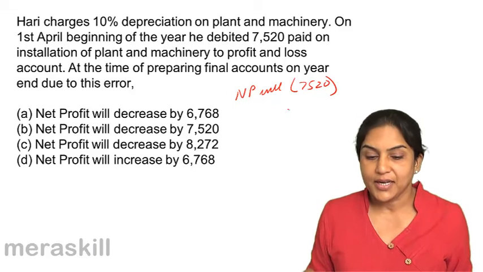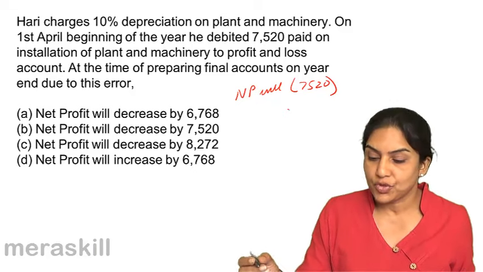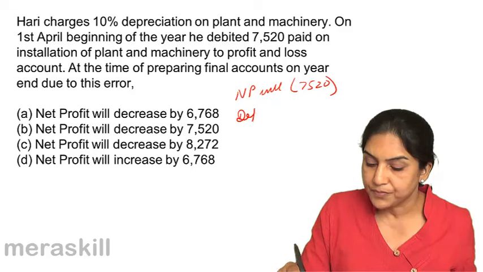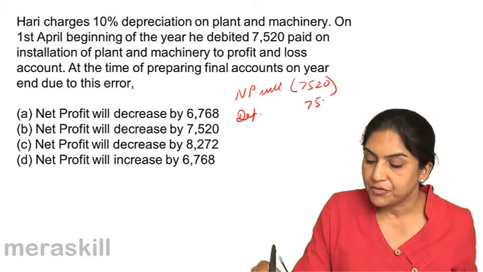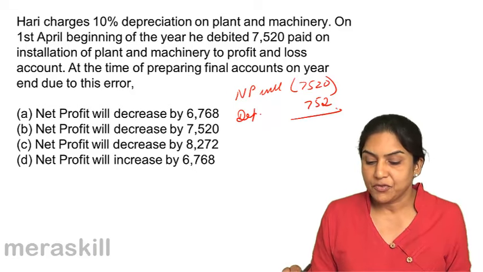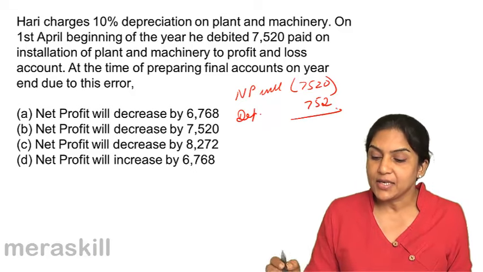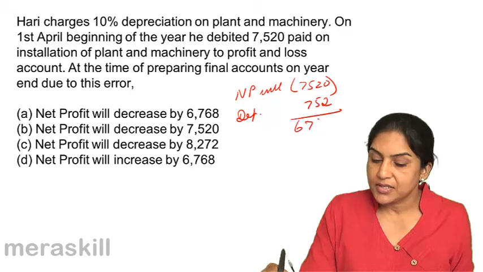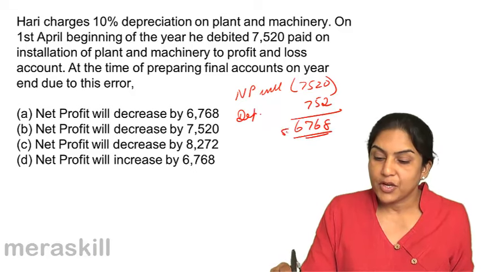How much is that? 10% on 7520, that is depreciation, 752. So 7520 minus 752, my net profit will decrease by 6768 because of this error.